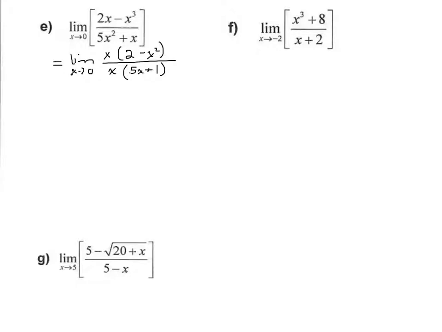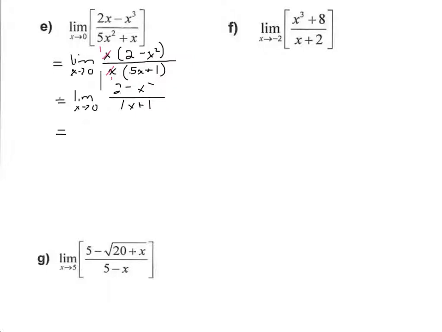And like I said, those x's cancel, and we're left with the limit of x approaching 0 of 2 minus x squared over 5x plus 1.